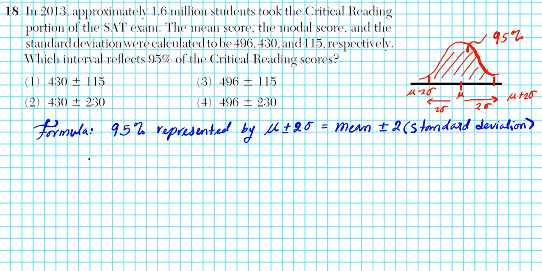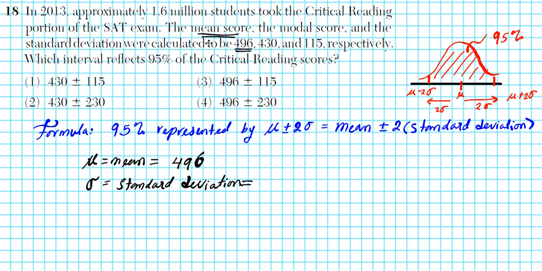So that's what we're going to use. Okay. All right. So the mean in this scenario is 496. We're told that the mean score is the first one, 496. And then what's next? The standard deviation. Those are the 2 that we need to determine the correct answer. What is the standard deviation?